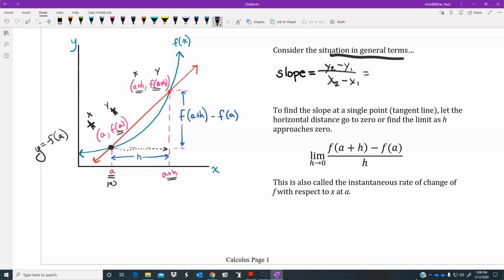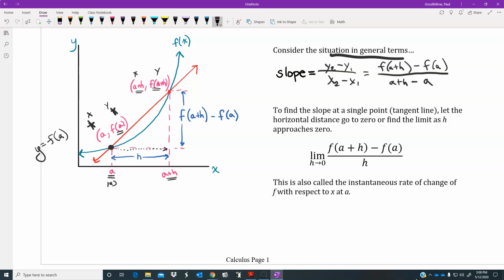Now, what you've done there is given new definitions of what those two locations could be called. And if I was doing slope, it would be y2 minus y1 and so forth down the list. Would that be f of a plus h minus f of a, all divided by a plus h minus a?